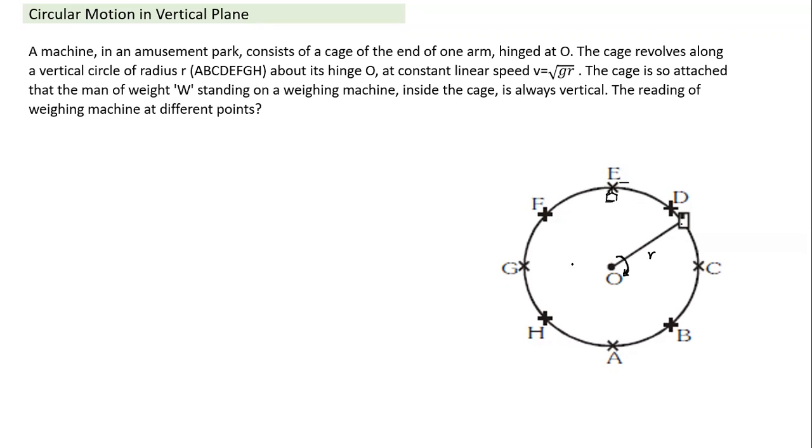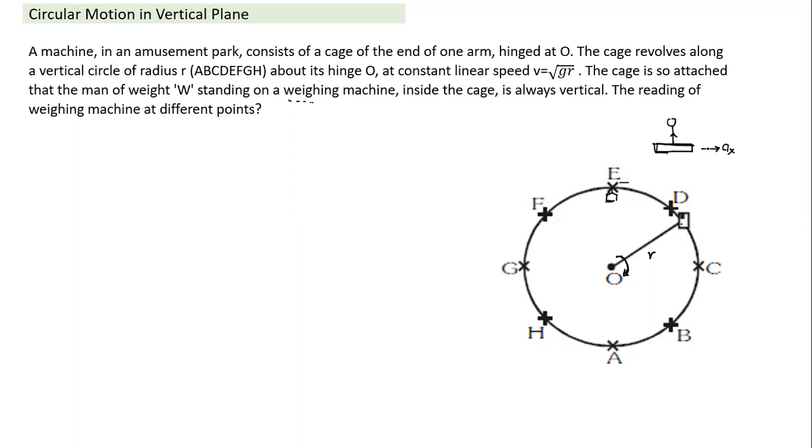That's the question. So first thing, it goes back to the working of a weighing machine. This question is also to understand your concept of weight better. If you stand on a weighing machine, normally you get a reading of mg. But let's say this machine is given a horizontal acceleration.